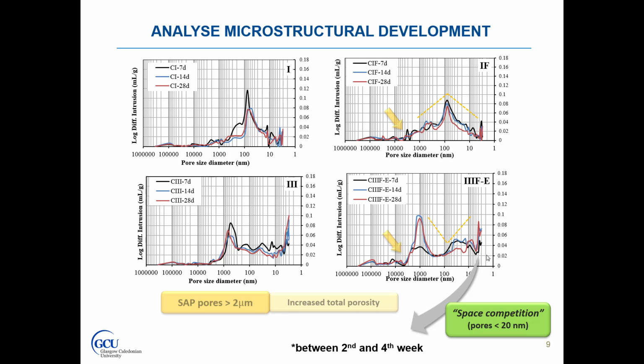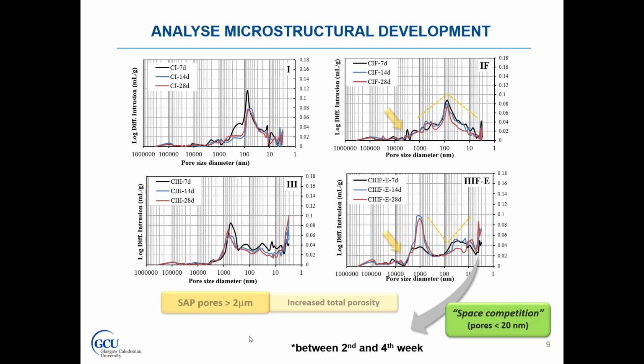MIP porosity obtained for samples with GGBS is significantly larger than for the fly ash and Portland cement samples. However, as you can see, the total porosity values increased during the first 14 days. With the progress of hydration after the second week, the total porosity slightly decreased.